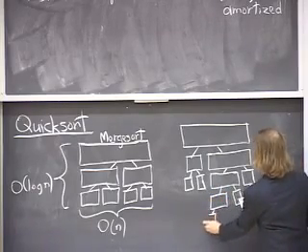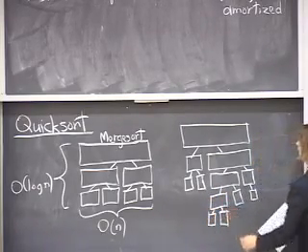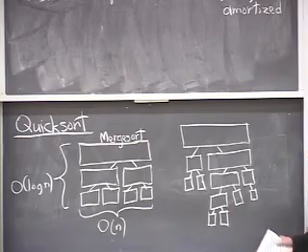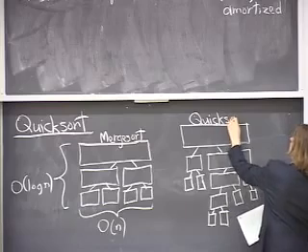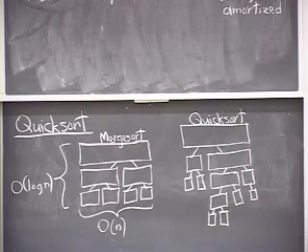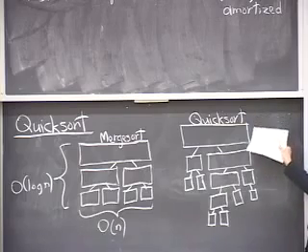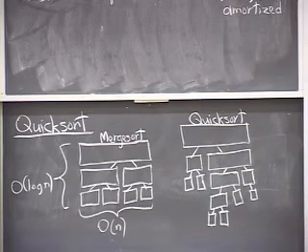And typically some parts of the recursion tree are going to go deeper than others. So, well, quicksort shares in common with merge sort the fact that each level takes linear time.